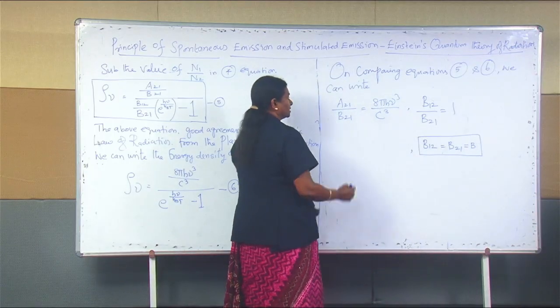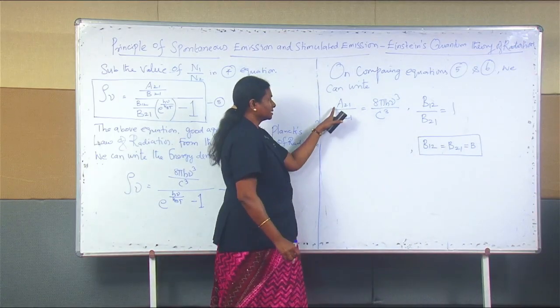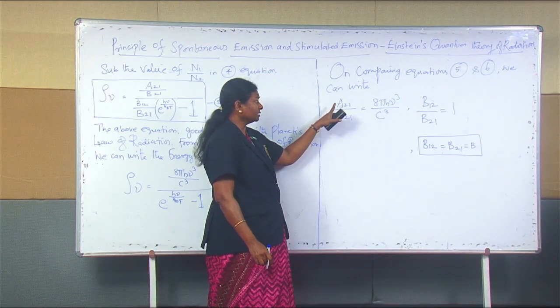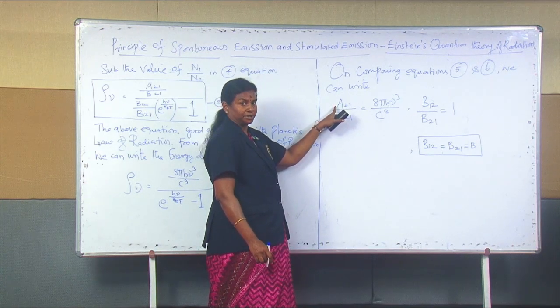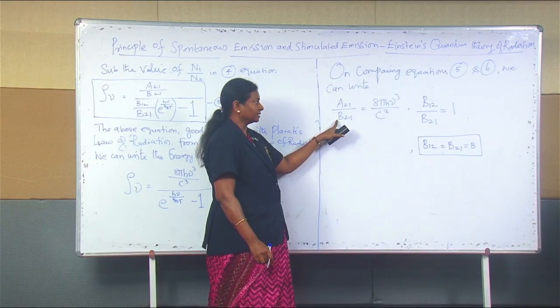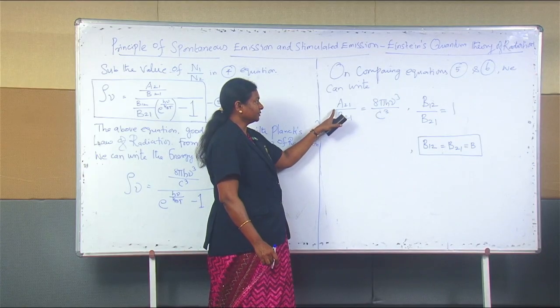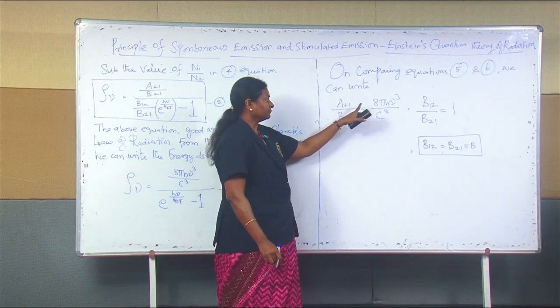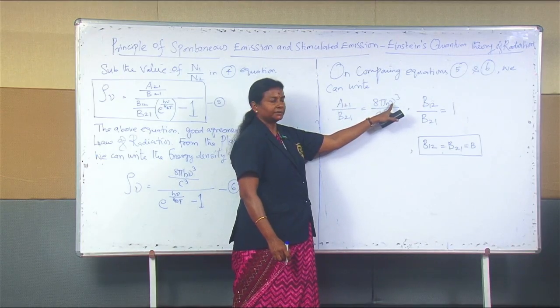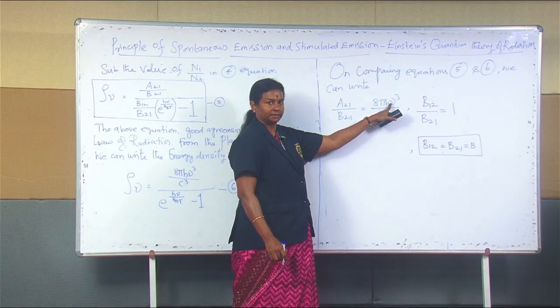And if you come on to this, here this constant A21 is being introduced during the spontaneous emission. Here this is during the stimulated emission. According to this equation, the frequency of spontaneous emission is equal to the frequency of the incident radiation.